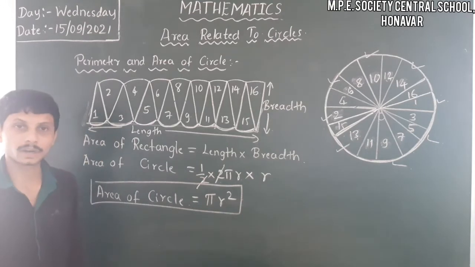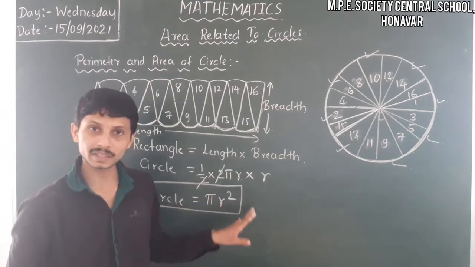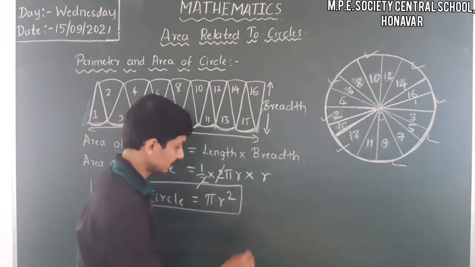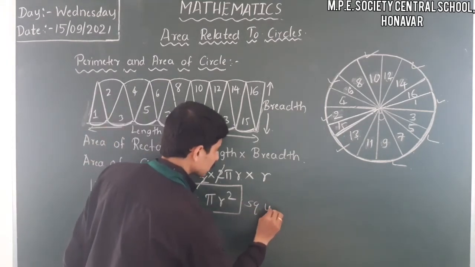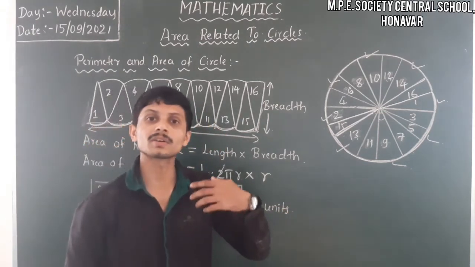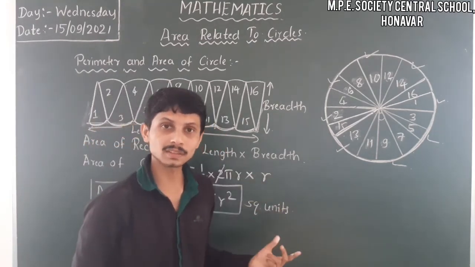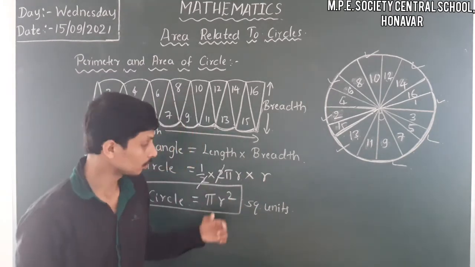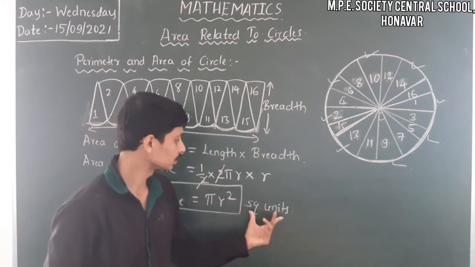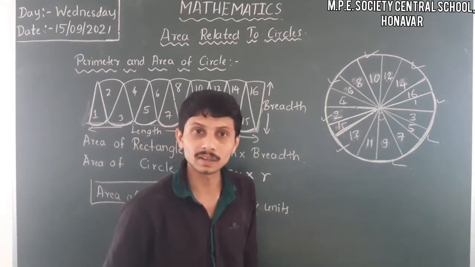After getting the value of the area of the circle, we have to write it in square units. If the radius is in centimeters, you write centimeter square. If it is in meters, you write meter square. If it is in kilometers, you write kilometer square.